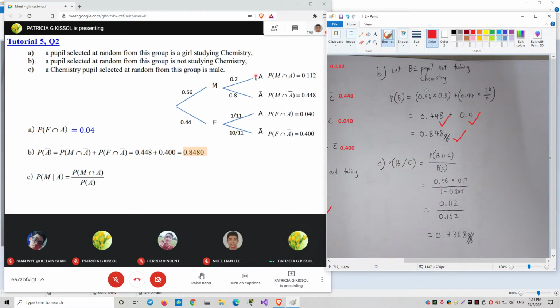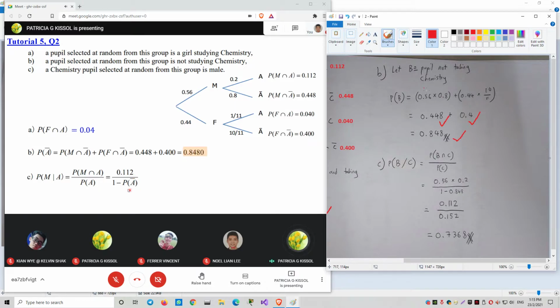And the probability of A, of course, we haven't found it yet, but if you look at the probability tree, the probability of A corresponds to the ones that end with A. So we have one here and another one here. So for the probability of A, we need to add M and A, which is 0.112, and the value F and A, 0.040. So the probability of A is a bit longer, just like here, but this one is finding the probability of not A. Oh yeah, we could also do this part, that means you just do the complement method, minus the answer that we already obtained.